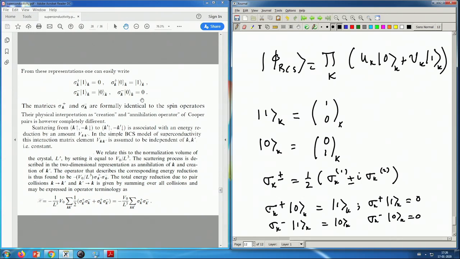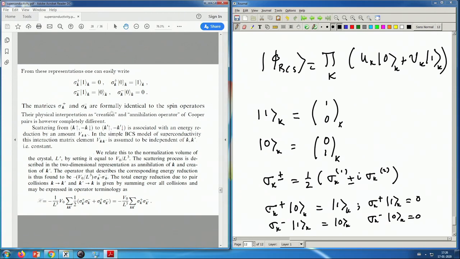These are things we have done several times in the Ising model also, and the Heisenberg model and so on, and in the simple harmonic oscillator also we have defined these raising and lowering operators, but these are like pseudo spins. One can define this 1 and 0 as up and down spin if you like.